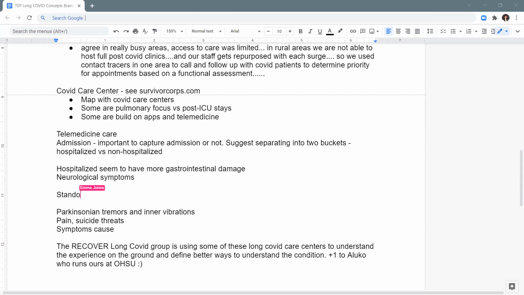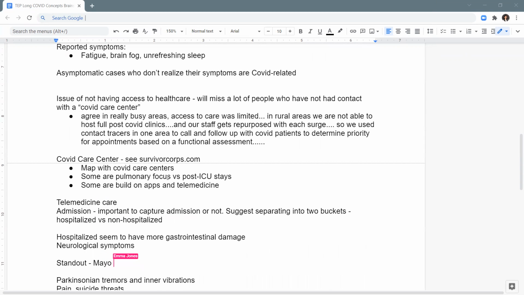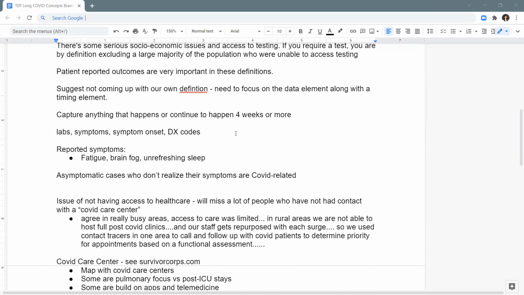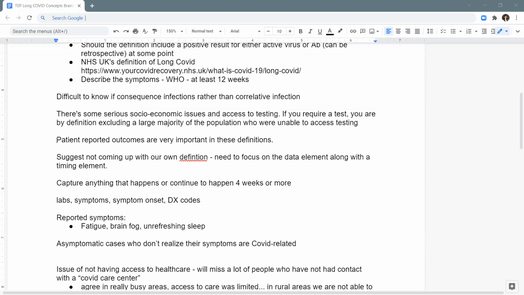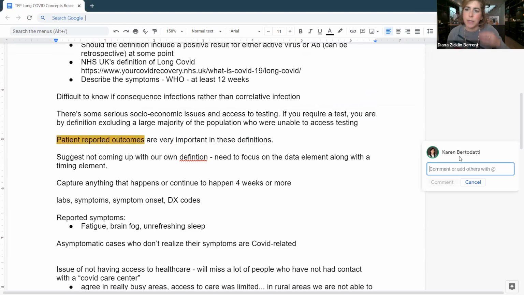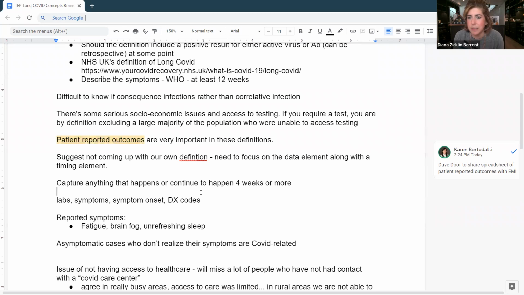And Luca, just so you are aware, admission or hospitalization would be considered a data element as well. Just because it's not a symptom doesn't mean it's not a data element. One of the things we're working on with Dr. Iwasaki at Yale right now is matching the phenotyping to the genotyping. So figuring out what the clusters of symptoms are, what we are seeing come together.